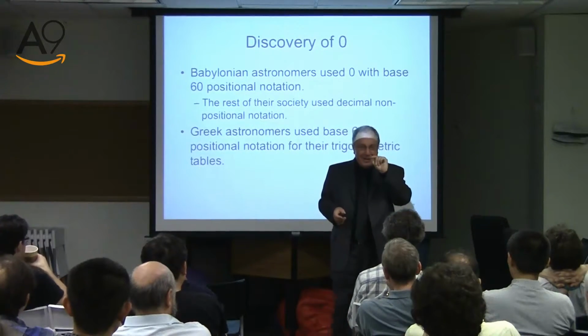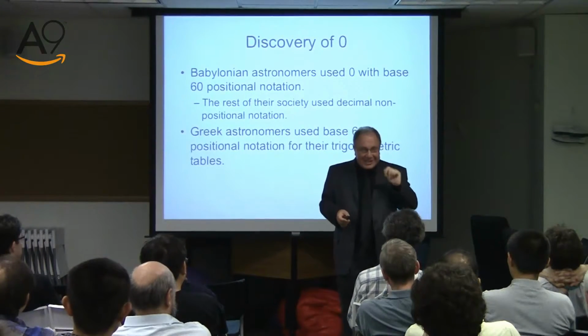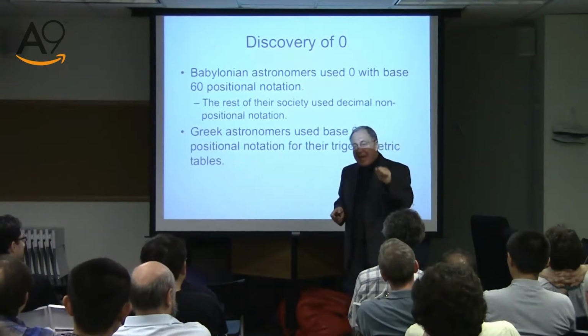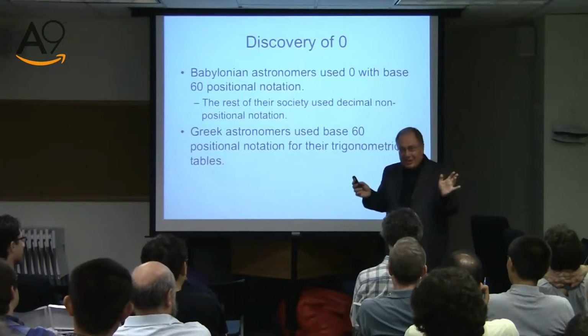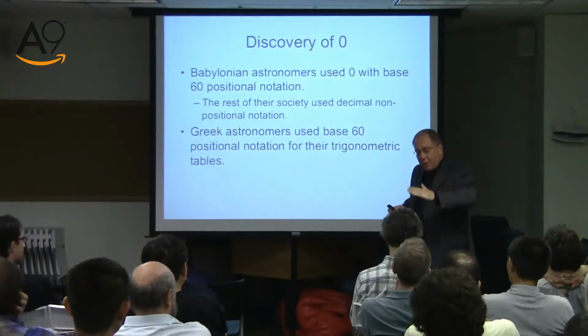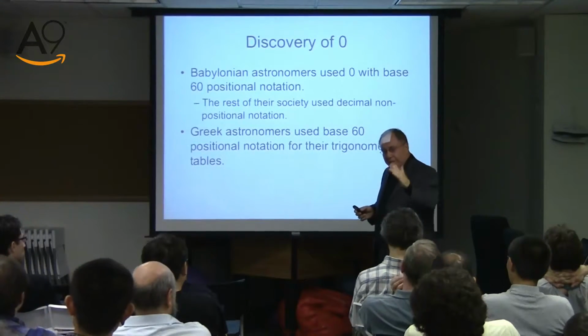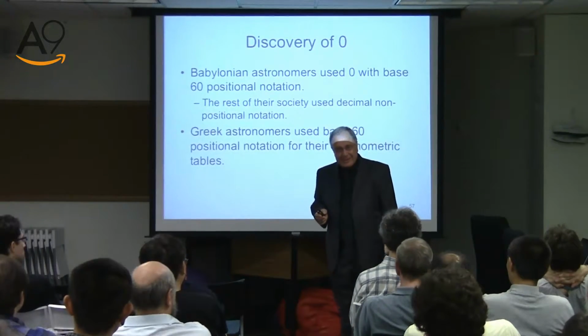It's remarkable how things stick around. But again, they never tried to use decimal notation. This was a specialized notation for astronomy because that's how you measure positions of the stars. It got stuck and never broke through to the rest of mathematics.